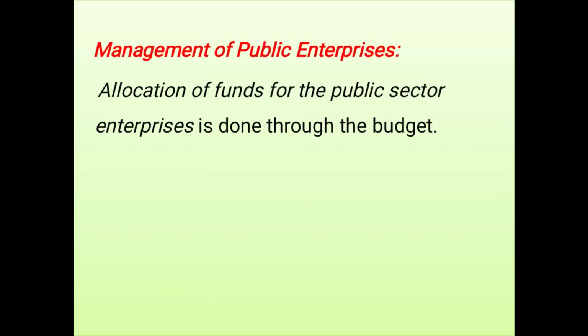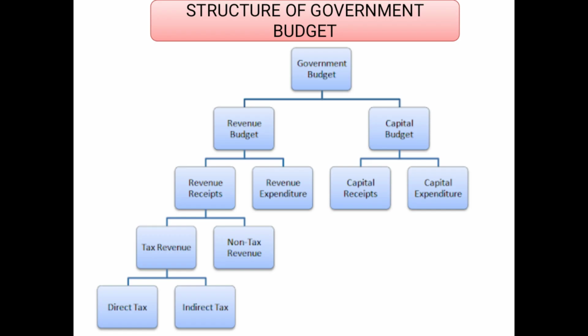Now, management of public enterprises: allocation of funds for the public sector enterprises is done through the budget. And now we are talking about the structure as well as the components of the budget. As you see in the picture, the government budget is of two types: revenue budget and capital budget. If you're talking about the revenue budget, we have revenue receipts and revenue expenditure.